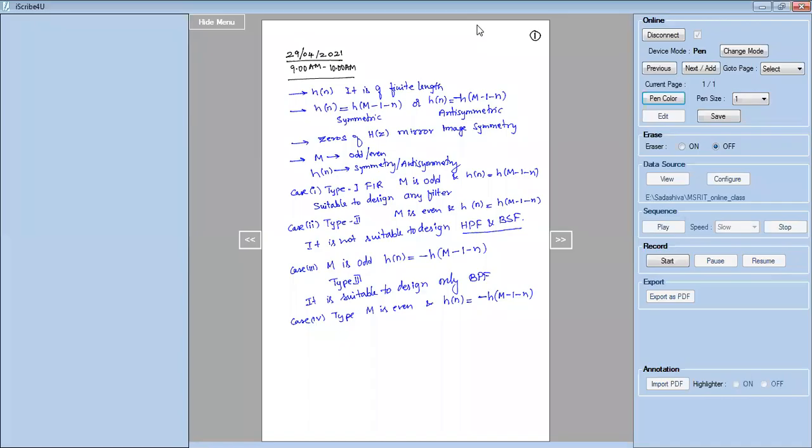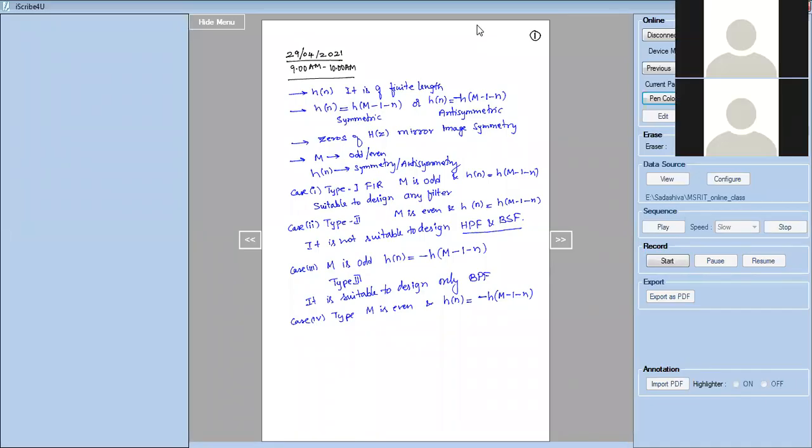Please, somebody please tell them, whoever is making noise, it is coming from the background, I can understand, but they can mute their mics or no. Pavitra, can you suggest your classmates? Yes, sir. I'm calling him. Who is that fellow? Sir, even I don't know. I just saw the USN and I'm trying to call now. So I'll.